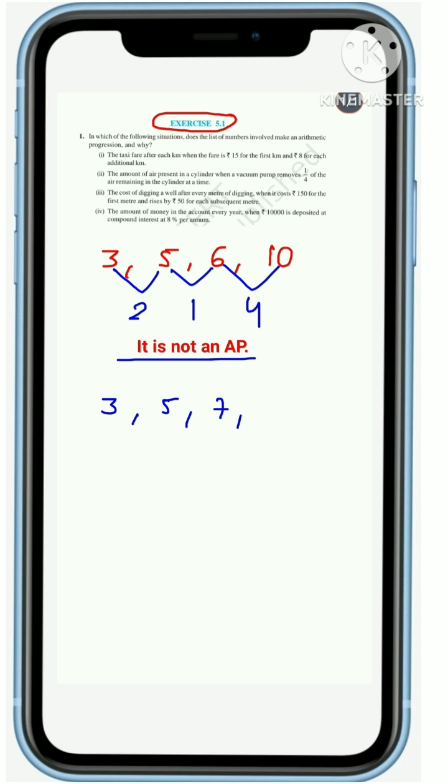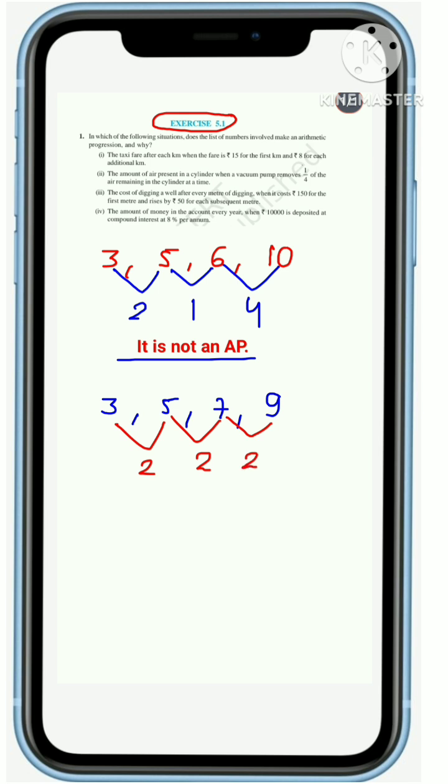Now take another sequence of numbers, okay, that list of numbers be 3, 5, 7 and 9, and here difference between 3 and 5 is 2, difference between 5 and 7 is also 2, and difference between 7 and 9 is also 2.